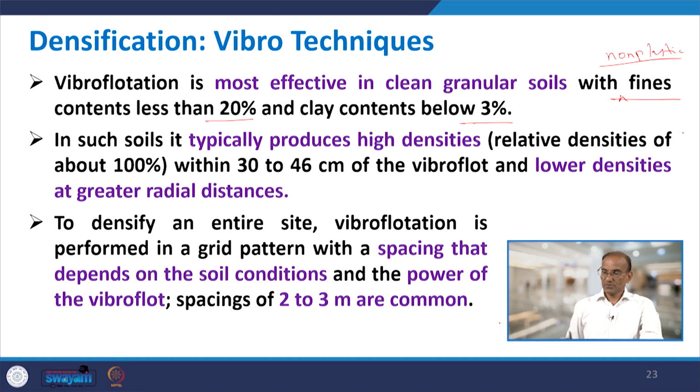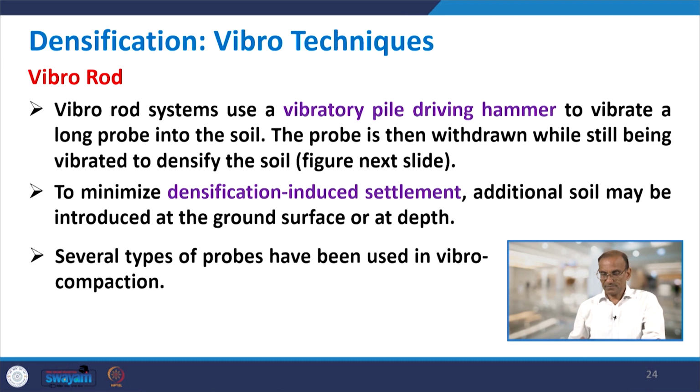That means you prepare a grid and select points on the grid with a spacing, and how much spacing there should be from one location to another depends on your soil conditions and the power of the vibration. Normally spacings of 2 to 3 meter are very common.